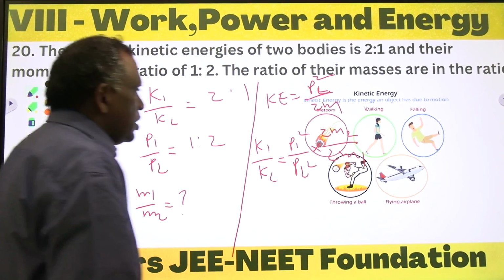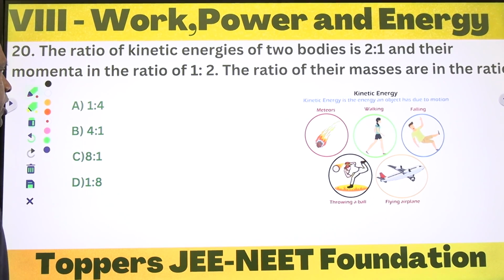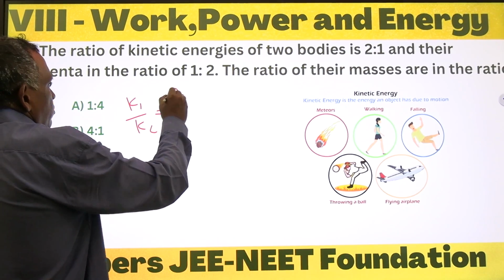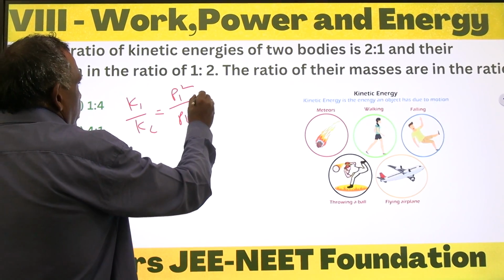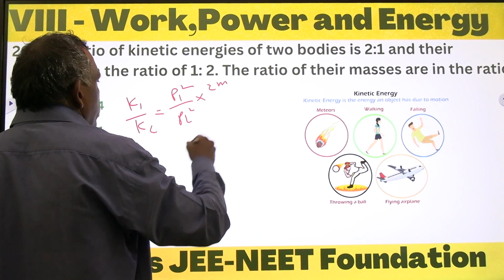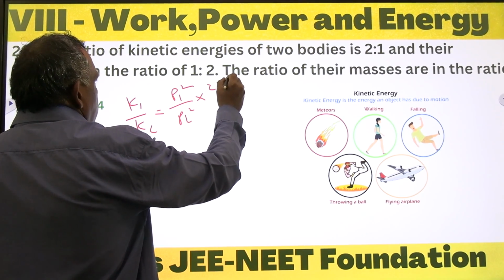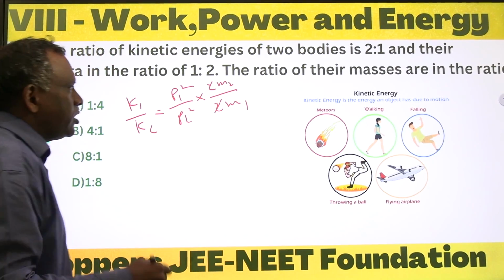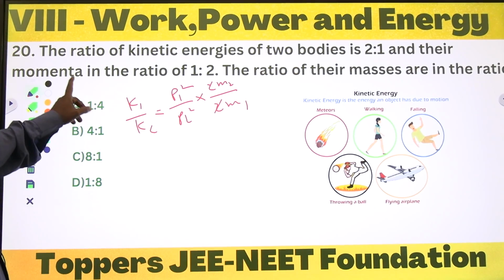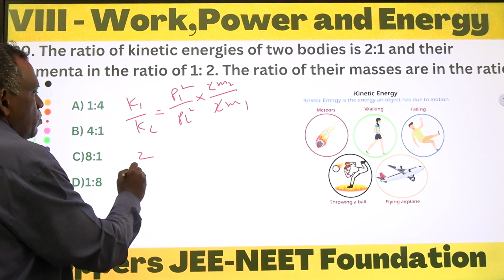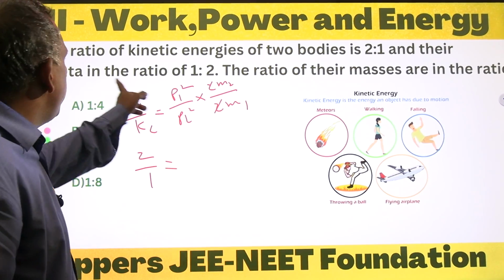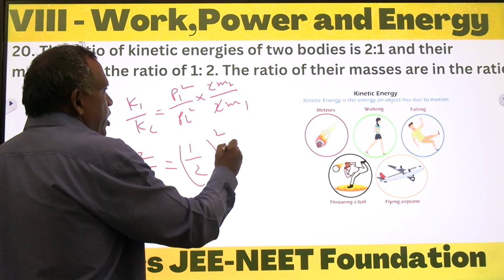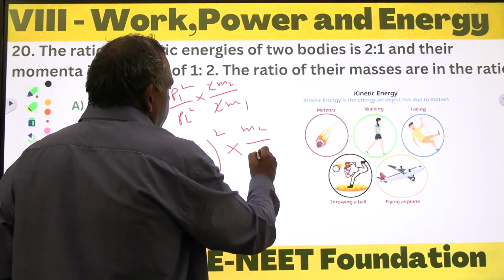Cancel the 2. The kinetic energy ratio is given 2:1, that is 2 by 1 you can write. The momentum ratio is given 1:2, so 1 by 2 you can write, whole square into M2 upon M1.